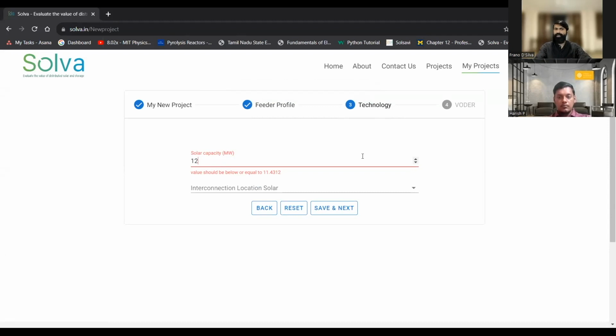In this case, for the raccoon conductor selected previously, it says that the value should be below or equal to 11.43 megawatt. However, to do an analysis, we start with 4.5 megawatt and then see how the HT feeder behaves and determine if this value is beneficial to be integrated on this HT feeder or not.